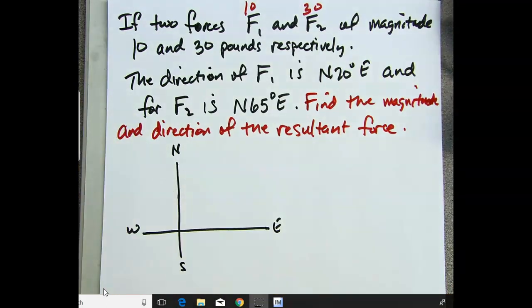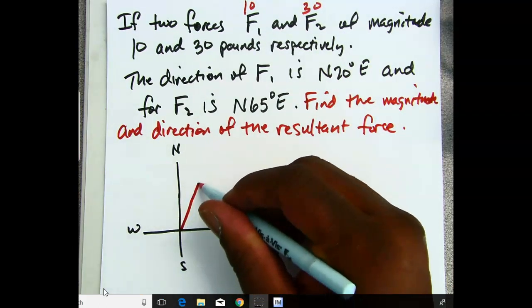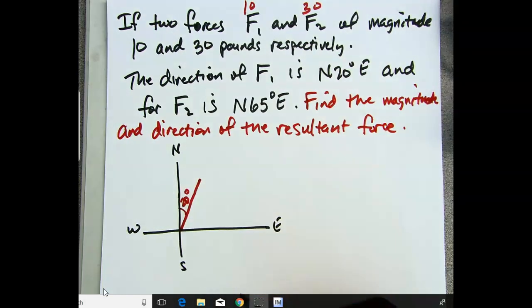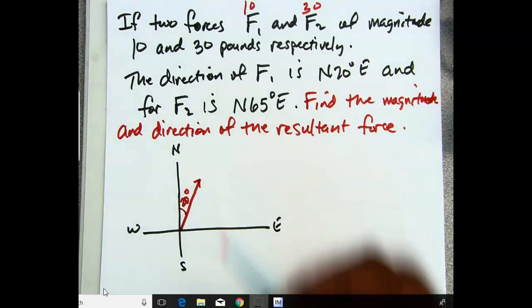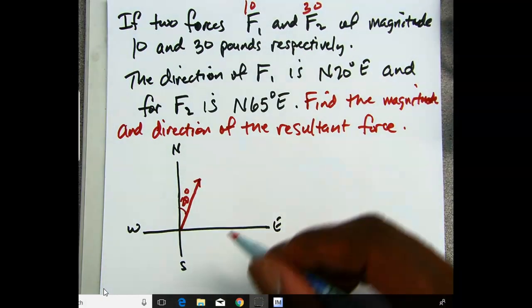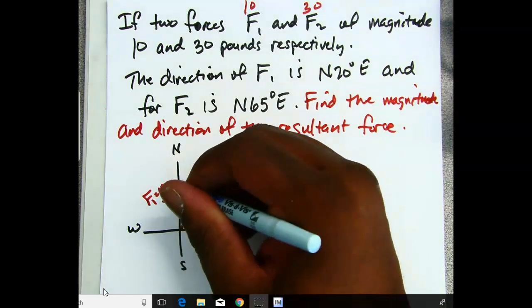So for F1, it's going to be 10 units long, and the angle is 20 degrees from the north. So there's force 1. And I probably drew it too long. So F1, and that's 10 pounds.